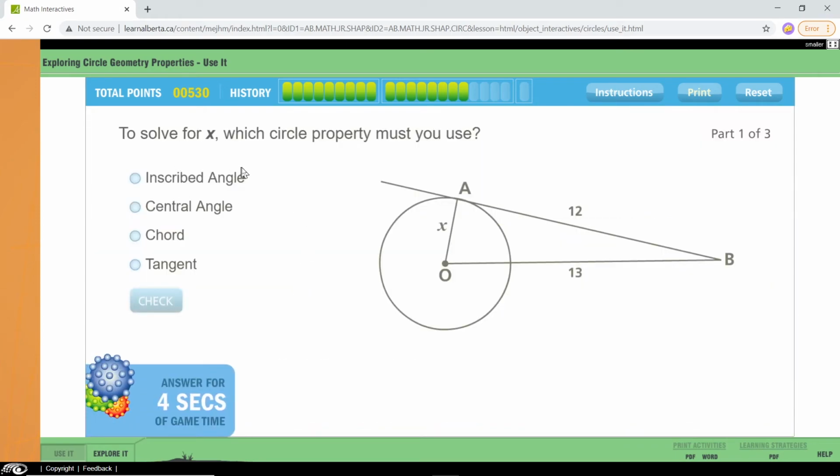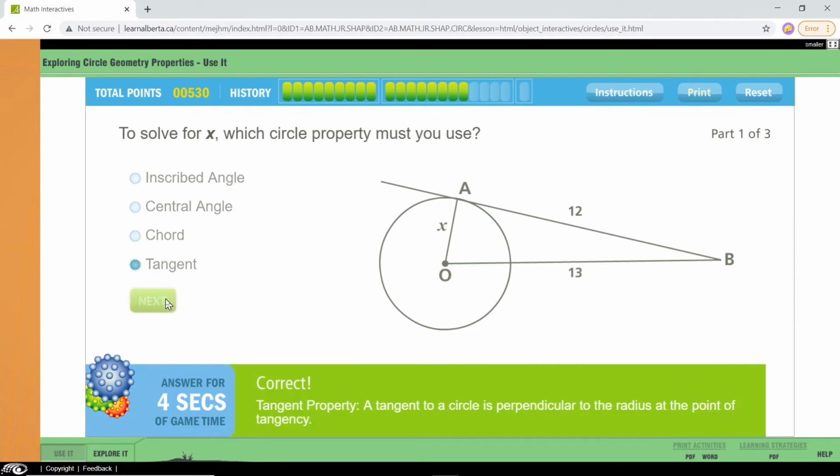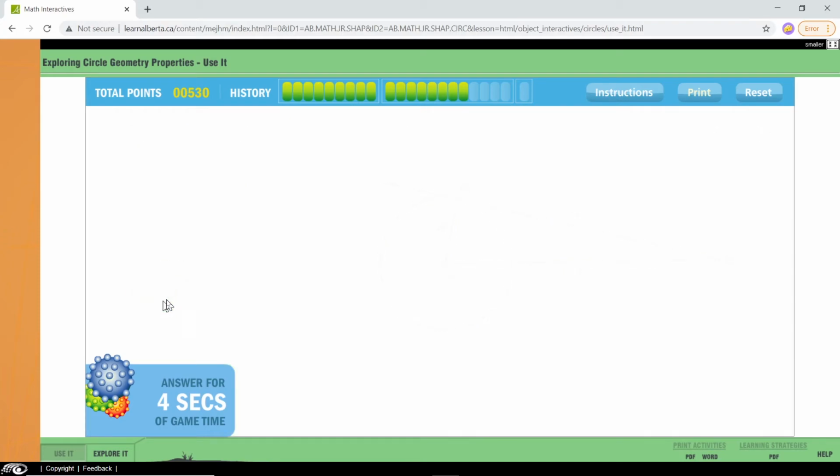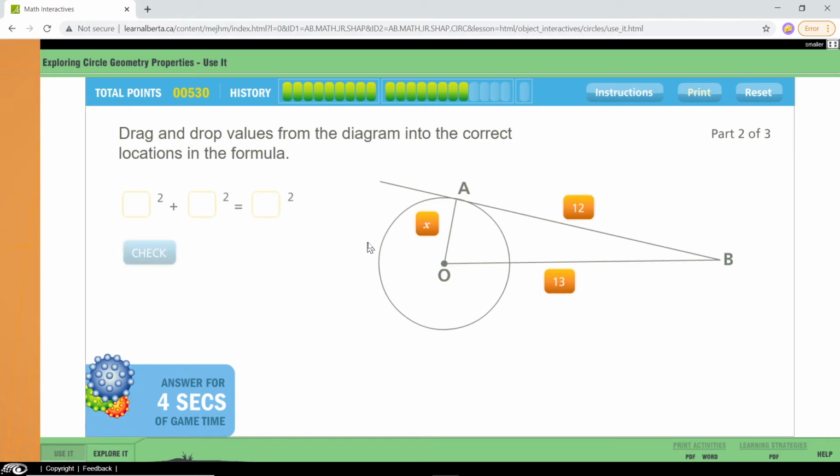Okay, to solve for x, which circle property must you use? So you see a straight line that passes through one point of the circle. So we assume this is using the property of tangent. Alright, next, drag and drop.